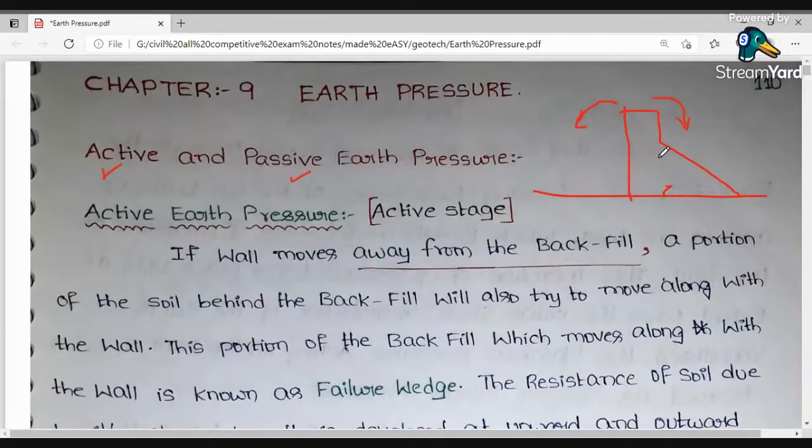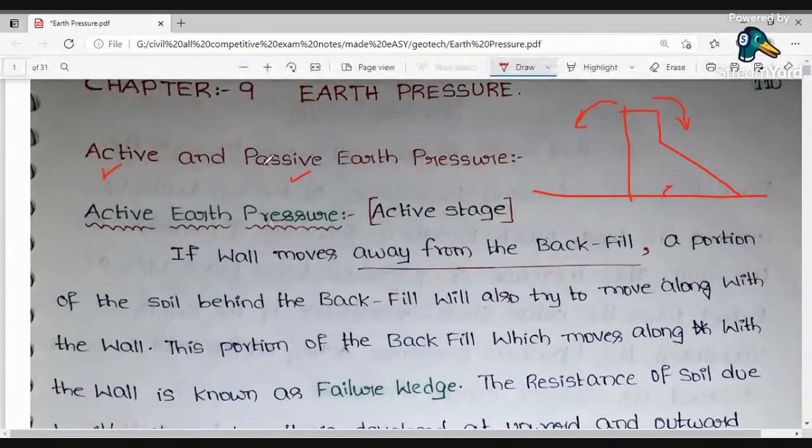So in case of active earth pressure, if the wall moves away from the backfill, a portion of the soil behind the backfill will also try to move along with the wall. So ইয়াতে কি হৈছে, যিখিনি আমাৰ soil আছিল, that soil will try to move along with the wall.